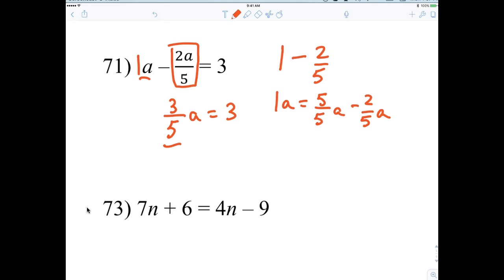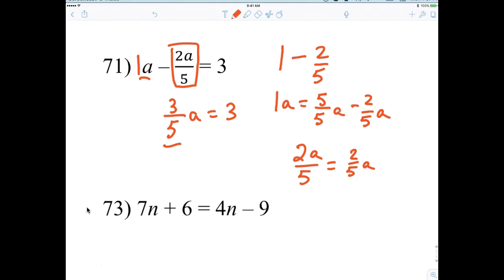I'm trying to help you put together everything you need to know about numbers and fractions and decimals. If you're excellent at fractions and decimals and numbers, algebra is easy. So sometimes when I write 2a over 5, I need you to know that's the same as 2/5 of a. Is everybody good now?